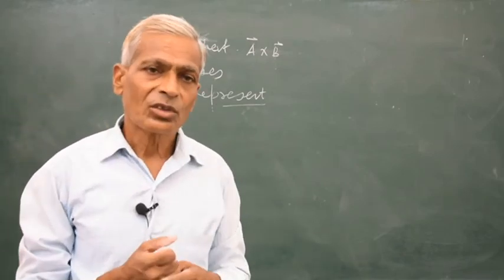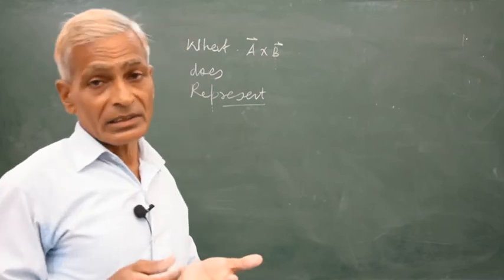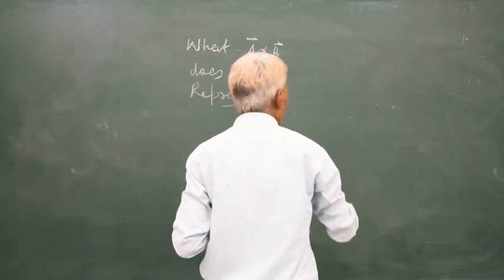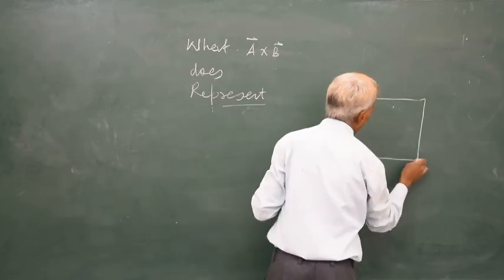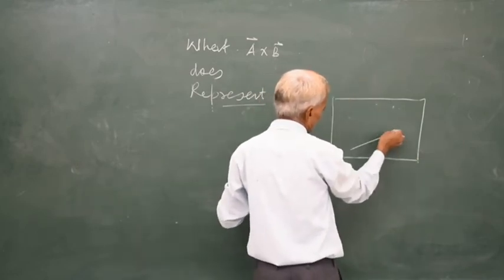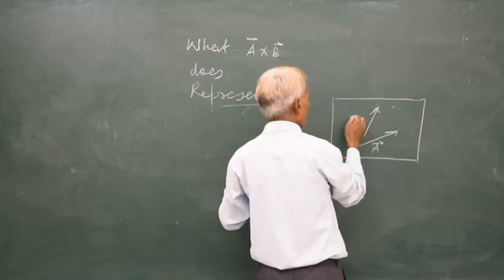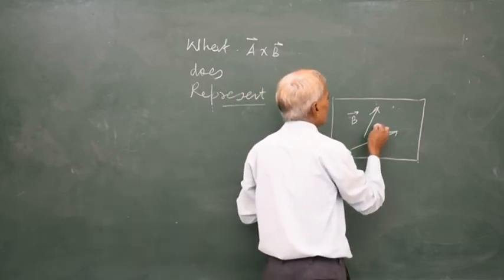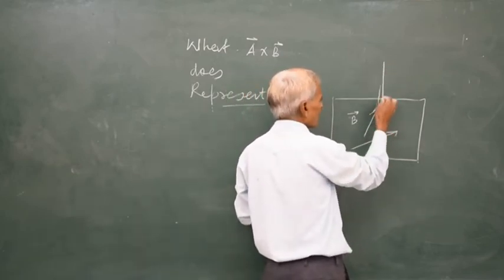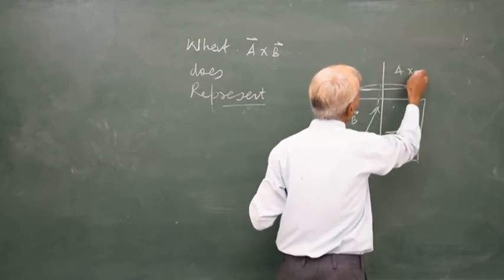So A cross B is a vector perpendicular to the plane containing A and B. Suppose there is a plane and there are two vectors A and B. Then A cross B is a vector perpendicular to the plane containing A and B.